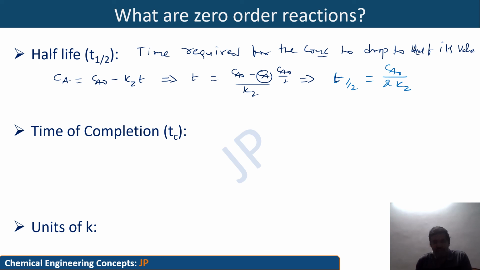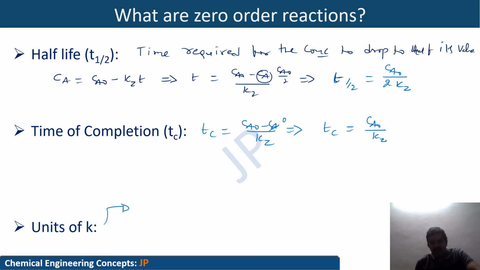And the time of completion is the time required for the concentration of the reactant to drop to zero. So here the time of completion is going to be Ca0 minus Ca by Kz, where Ca takes the value of 0. So the time of completion of a zero order reaction is given by Tc equals Ca0 by K suffix Z. And what are the units of K?